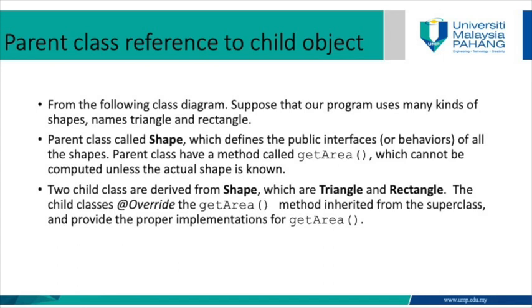There are two child classes derived from Shape, the Triangle and the Rectangle, and the child classes override the getArea method inherited from the superclass and provide the proper implementation. In the Triangle class, it will compute the area for a triangle, and in the Rectangle class, it will compute the area for a rectangle.